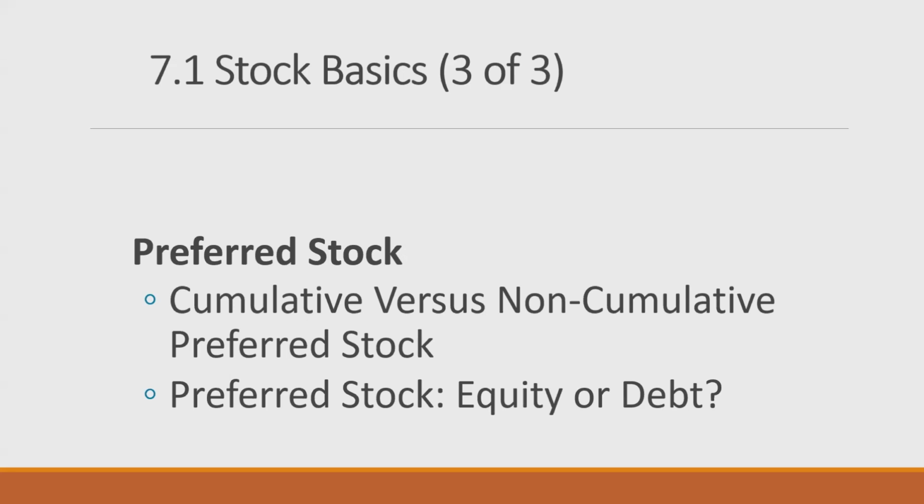Preferred stocks come in two primary variants: cumulative and non-cumulative. Now, in the case of cumulative preferred stock, any missed dividend payments are carried forward and they accumulate over time.